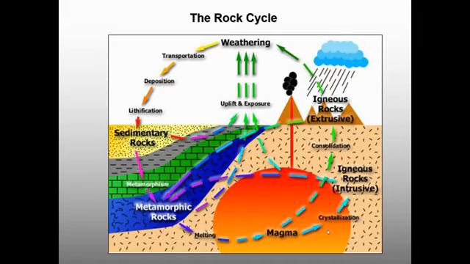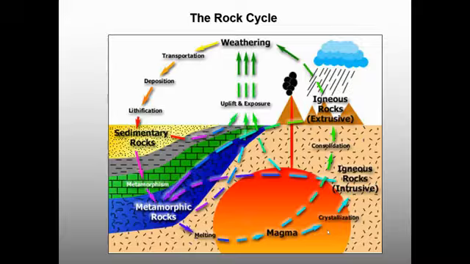Of course, if we look at the rock cycle, we might recall there are three different major rock types, right? And I like thinking of igneous rocks as the starting point. There really isn't one, but it's kind of like 285 around Atlanta, right? If you get on the cycle, you have to get on somewhere. And so we can start talking about the formation of rocks from a liquid.